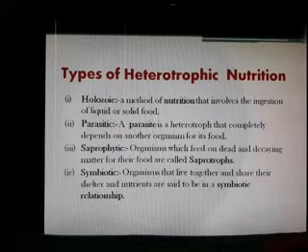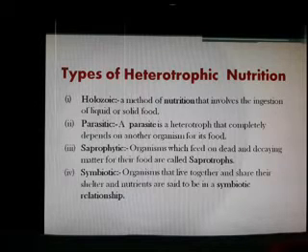Now next is saprophytic nutrition. Organisms which feed on dead organic matter are known as saprophytes. For example, fungus. Now next is symbiotic relationship. Symbiotic nutrition is shown between two organisms in which both organisms are mutually benefited and form a symbiotic relationship.